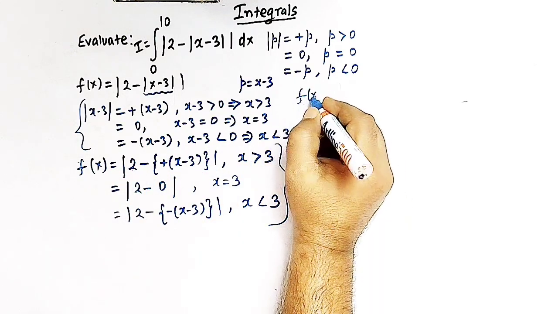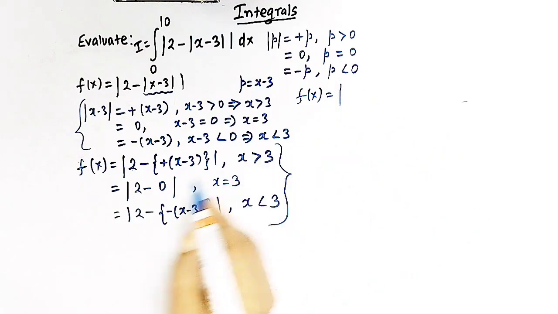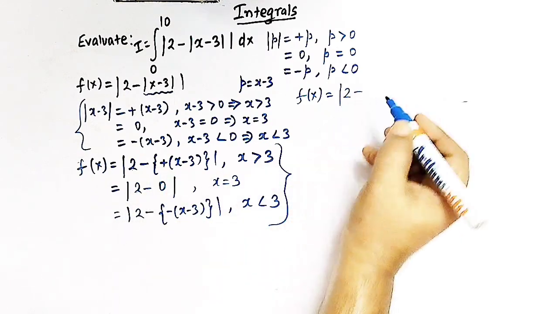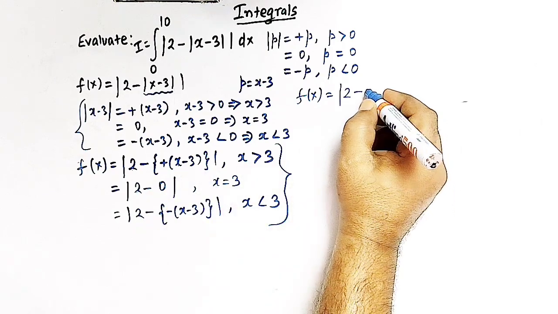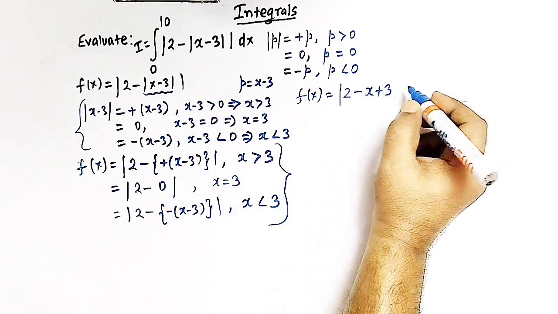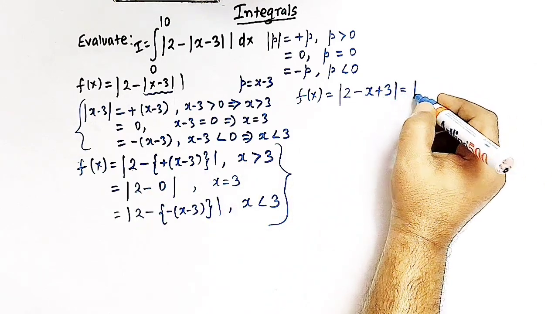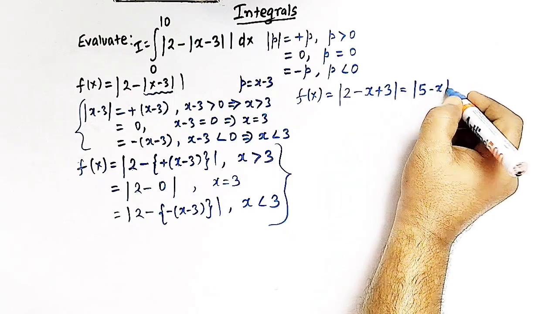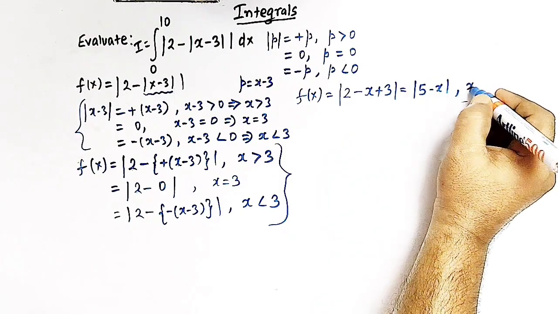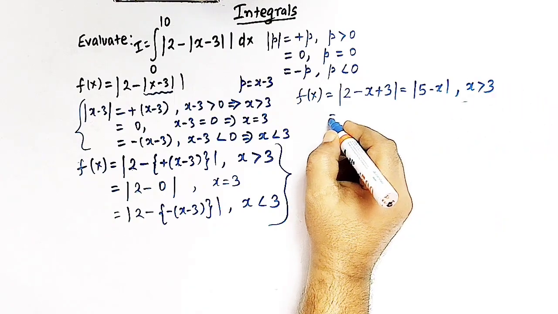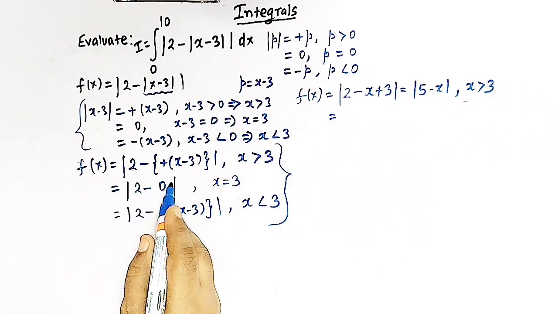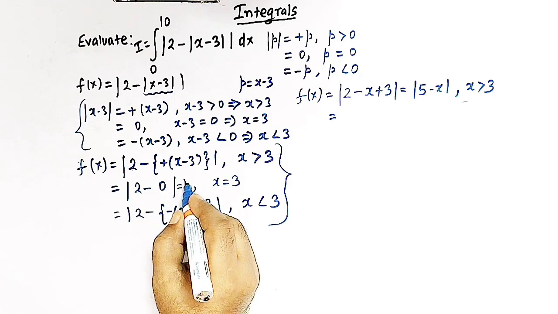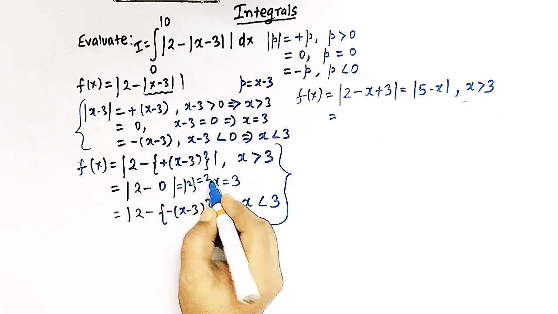So we can now write f of x is equal to mod of 2 minus x plus 3, and 3 plus 2 is 5. So we have mod of 5 minus x whenever x is greater than 3, and f of x is equal to mod of 2 minus 0, that is simply mod of 2, that is simply 2.